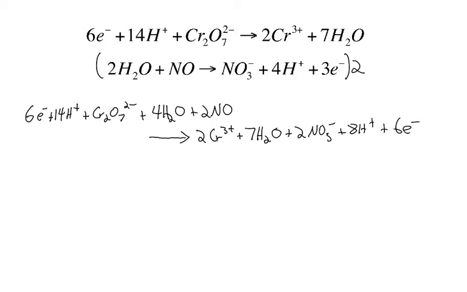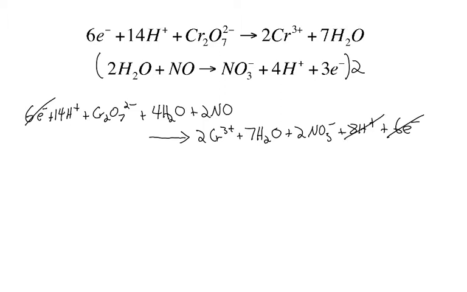Okay, so now anything that appears on both sides I can cancel out. So obviously my electrons, I've got 6 and 6, and so they will cancel out as they need to. Now I also can cancel out some of the H pluses. So I have 8 H plus on the products, I have 14 H plus on the reactants, so these 8 will go away.